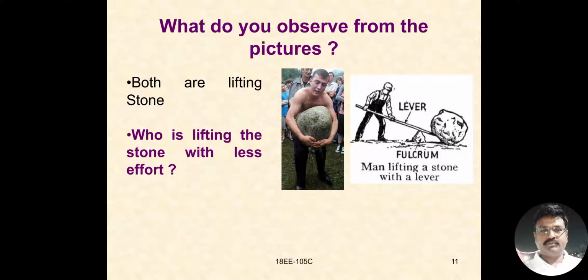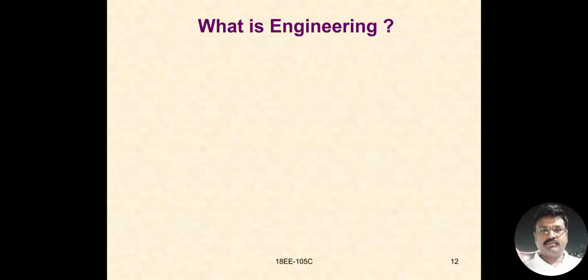In both these images, the first person is lifting with his own hands, and the second person is lifting a stone with a lever. The person using a lever and fulcrum, he is very comfortable.